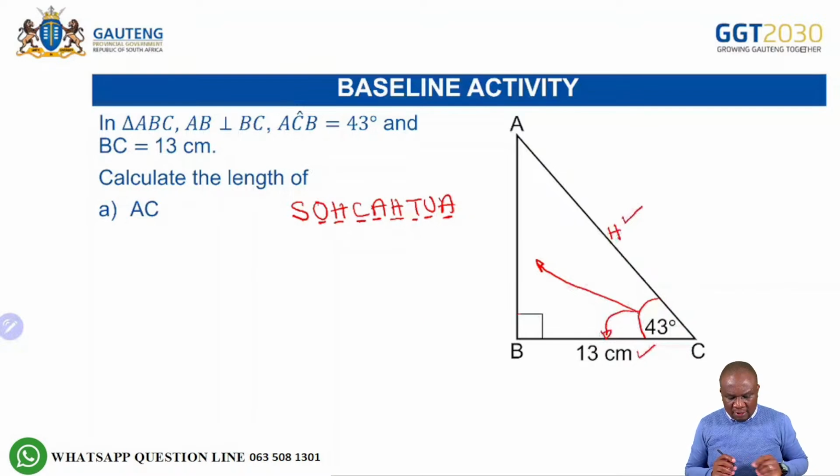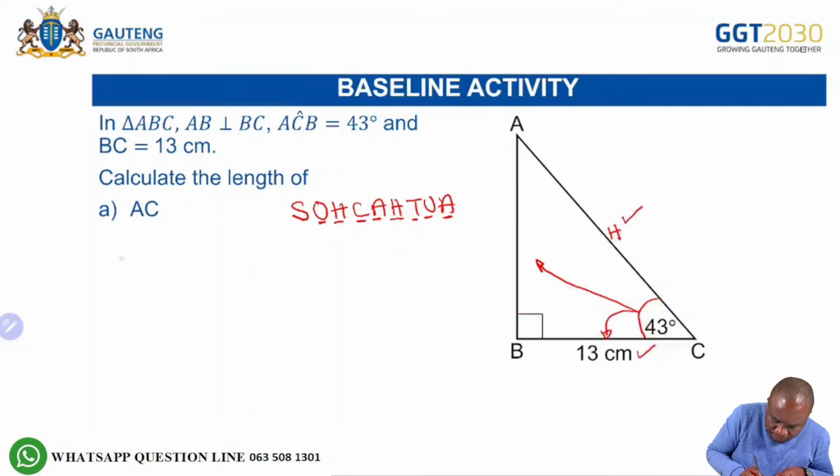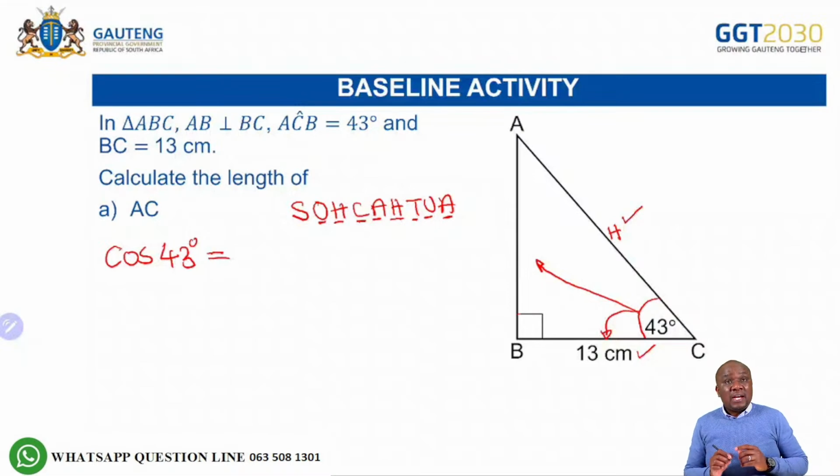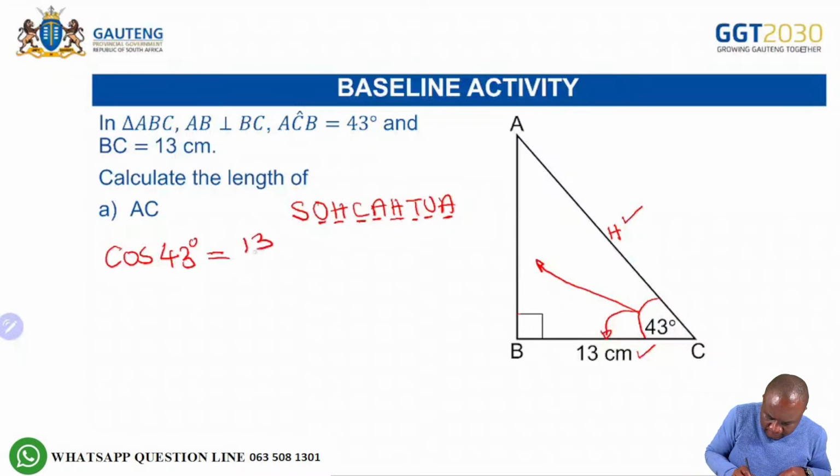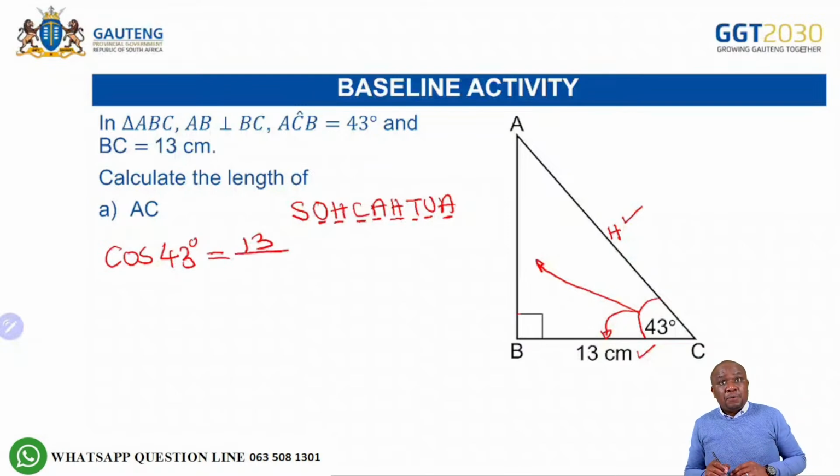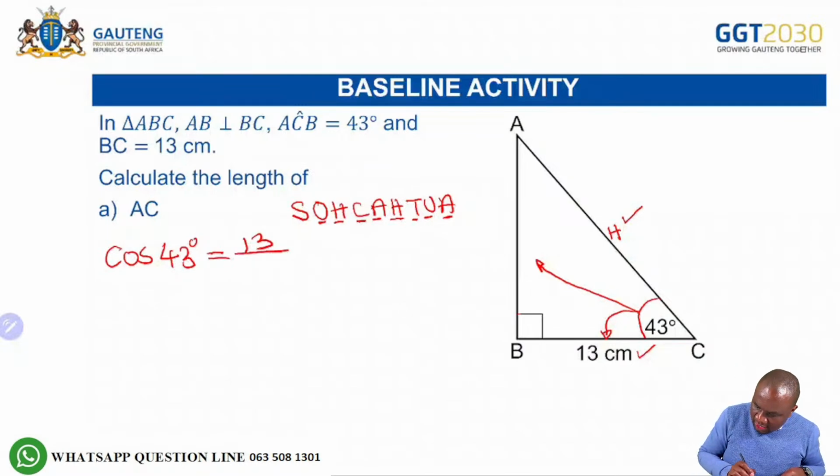It is cosine of the angle. So cos 43 degrees is equal to the adjacent side, which is 13, over the hypotenuse, which is our AC.